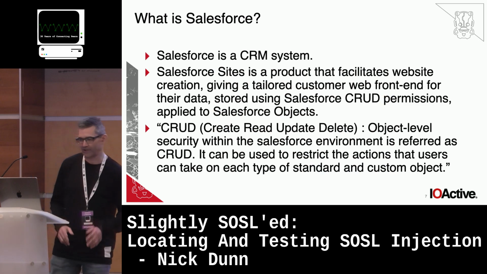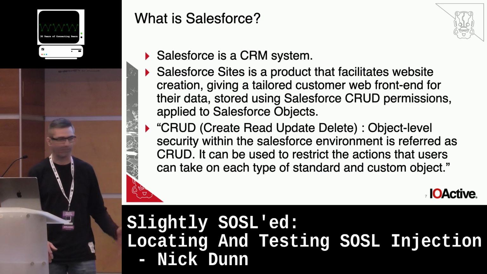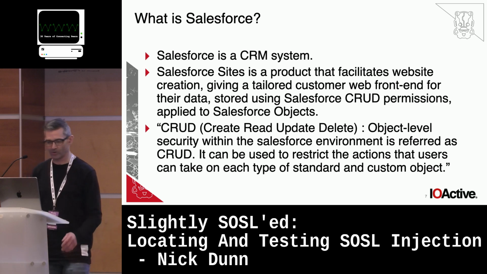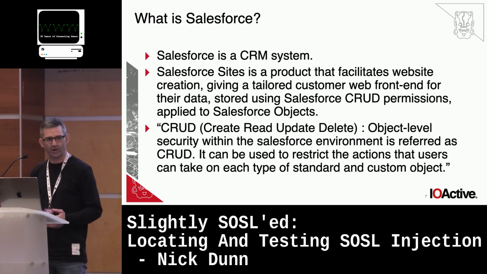Having just told you I'm not an expert on Salesforce, I'm going to patronisingly explain to you what Salesforce is. It's a CRM system, and it has a couple of things called sites and lightning apps that allow users to build extensions and apps on top of that.